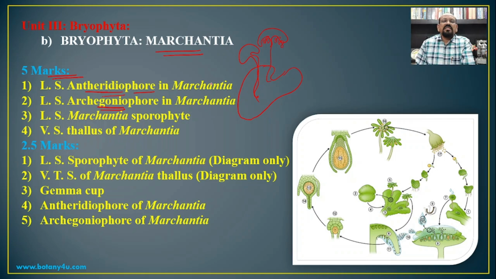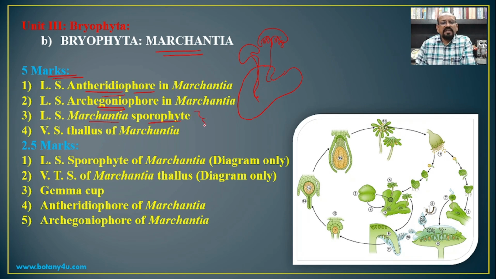So in such a question, we have to draw the diagram of the LS of antheridiophore as well as the LS of archegoniophore according to the question, and provide the description also. Third question, that is LS of Marchantia sporophyte.